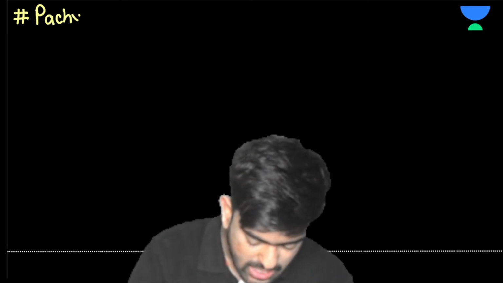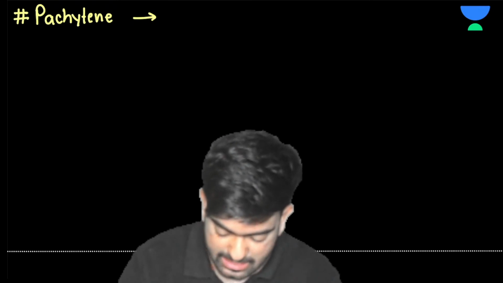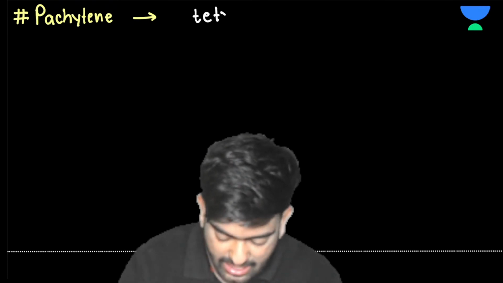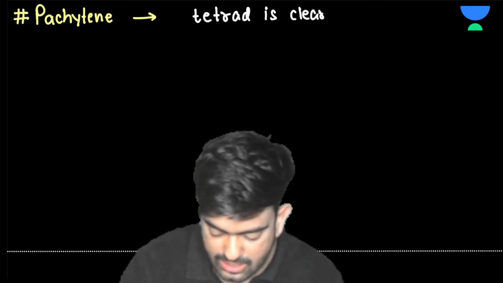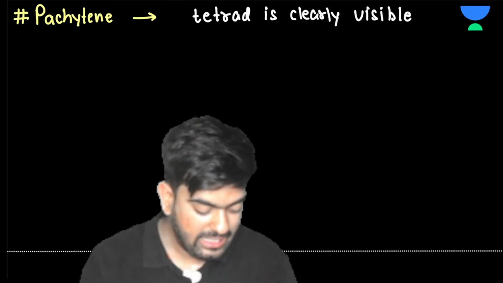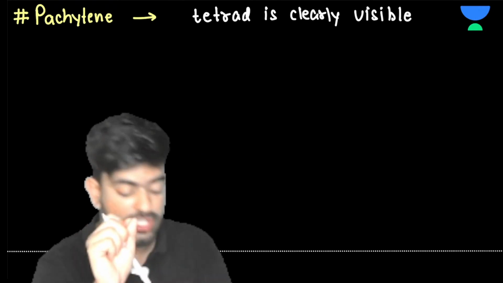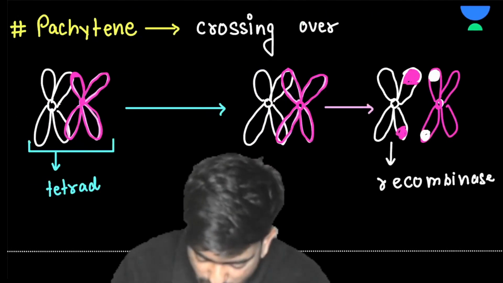So in pachytene, let us write what we saw. Crossing over is taking place in pachytene. The tetrad is clearly visible here. And then recombination nodules are formed.